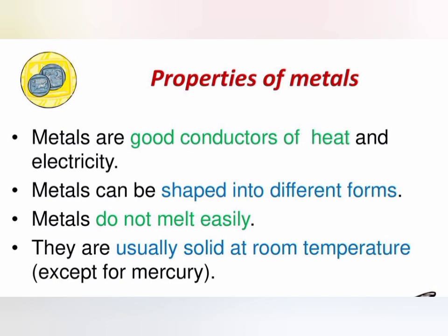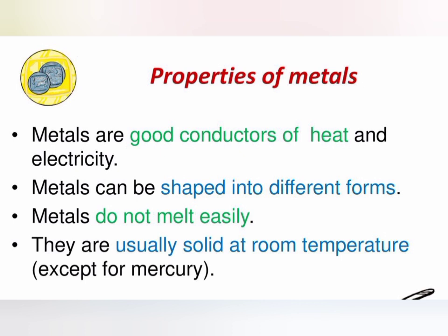Metals can be shaped into different forms, as I mentioned, and this property is termed malleability. That's why metals are used to prepare ornaments, sheets, plates, utensils, different instruments, etc. And lastly, they are usually solid at room temperature except for mercury.